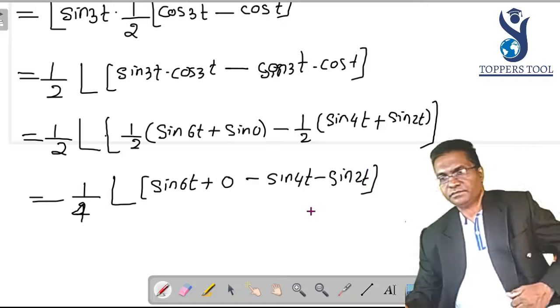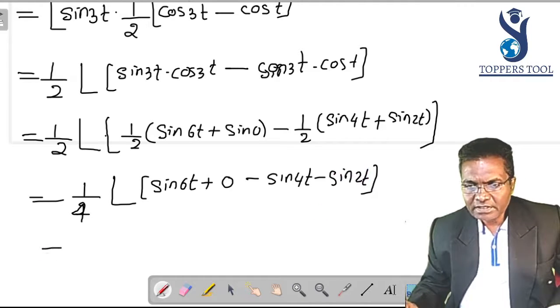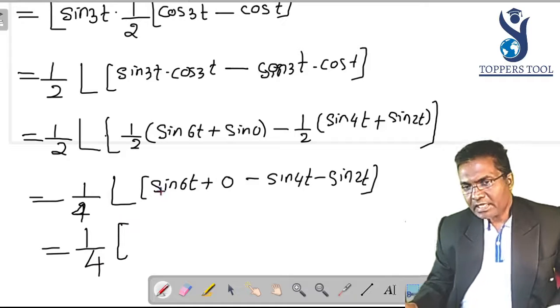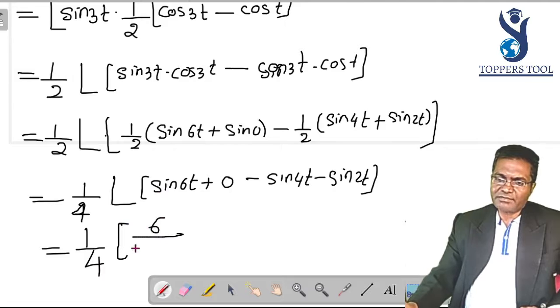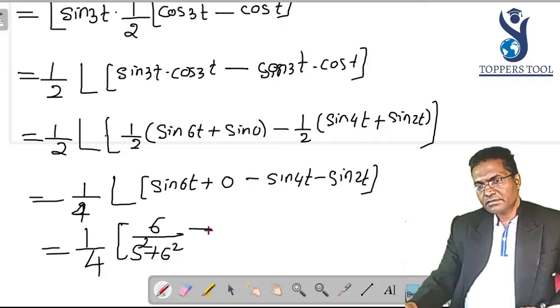Okay. Now apply the Laplace transform. It's 1 by 4 Laplace transform of sine 6t. Sine at is what? a by s square plus a square. So it starts with 6 by s square plus 6 square. Laplace transform of sine 4t.